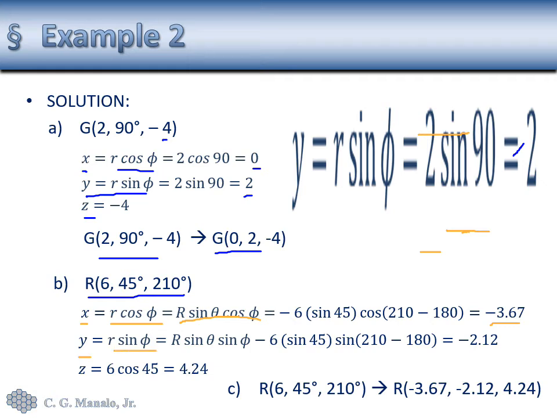For y, that is also r sine phi. So this one, again, small r is given by this one. So therefore, we will get this answer. Z, on the other hand, is given by this formula. So that will give us this result. And therefore, the conversion, so this coordinate system in Cartesian would be like this.